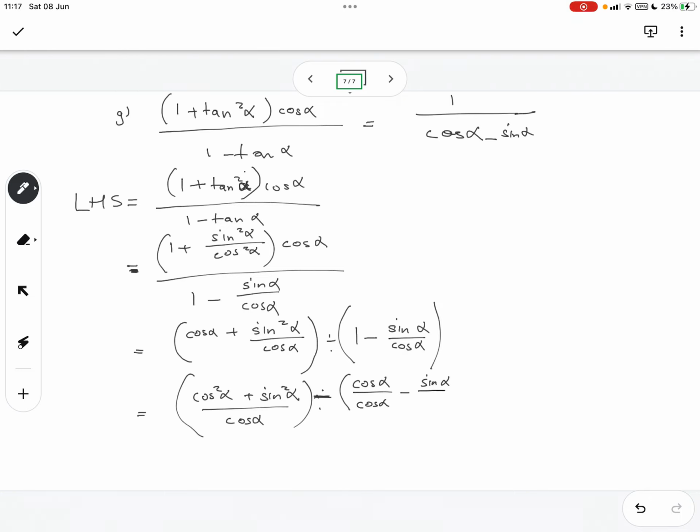But here, 1, and then this gives me cos squared alpha. And then I still divide by cos alpha minus sine alpha over cos alpha. Right? I'm still saying divide by, that's square identity, 1 over cos alpha.